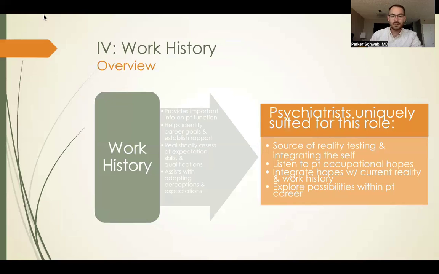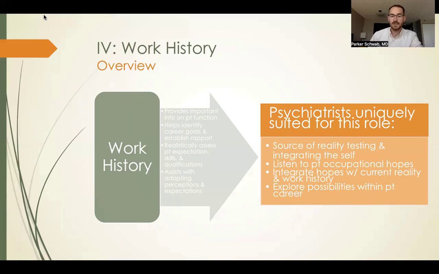So in general, what is a work history? It's when we start talking to our patients about their work life, including their developmental history and their history of their career paths. It is really important to have this discussion with your patients because it helps provide information on patient function. In addition, it helps you identify career goals and establish rapport with your patients.